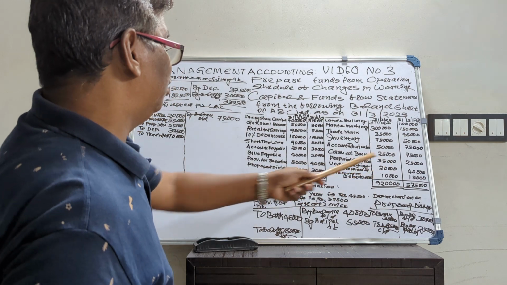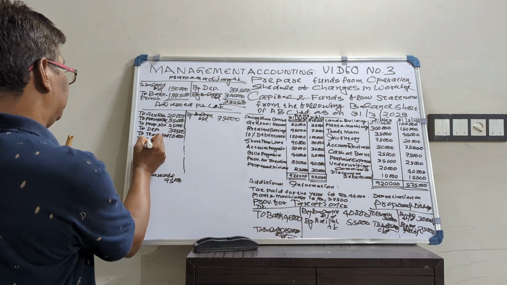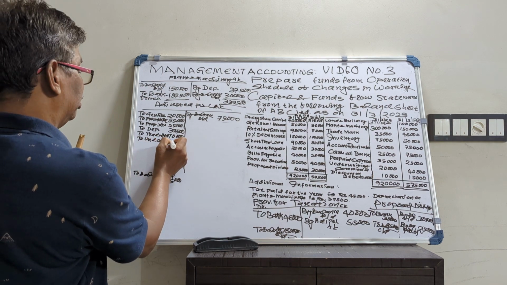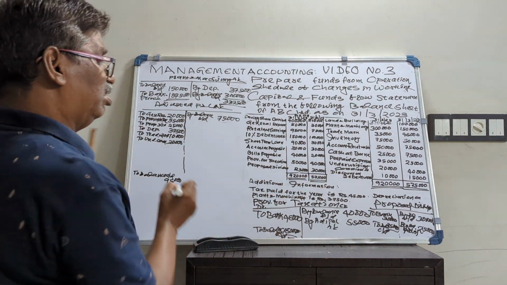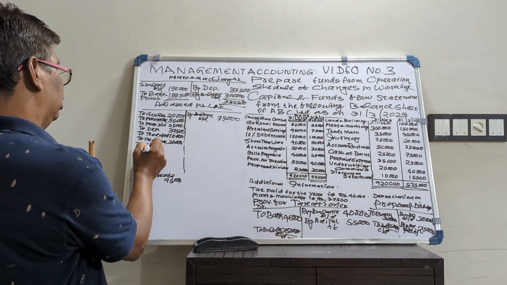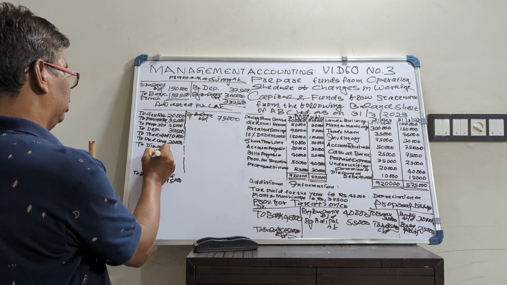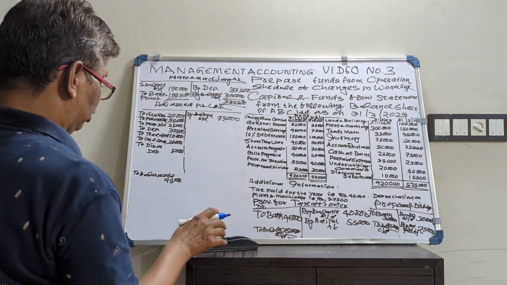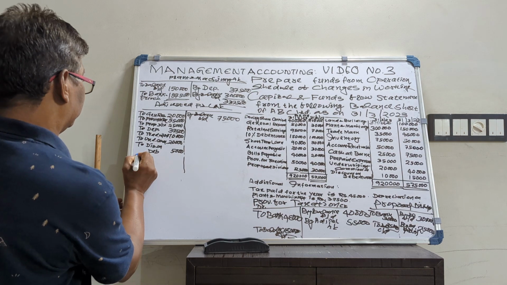Then underwriting commission written off 20,000, to underwriting commission 20,000. Then discount on debenture 5,000. To discount on debentures 5,000. So total is, right here, to balance carried down 95,000.